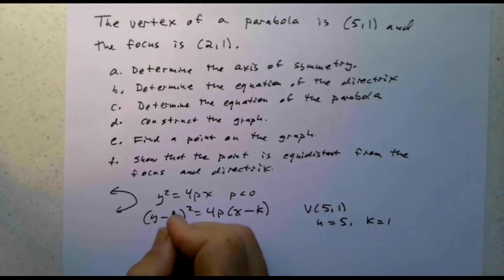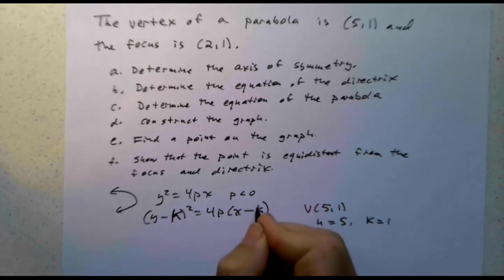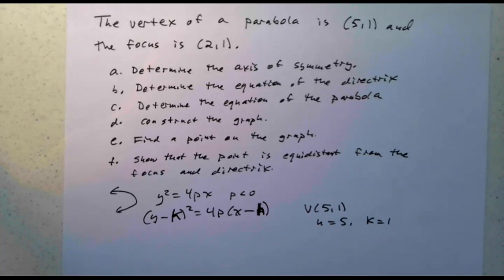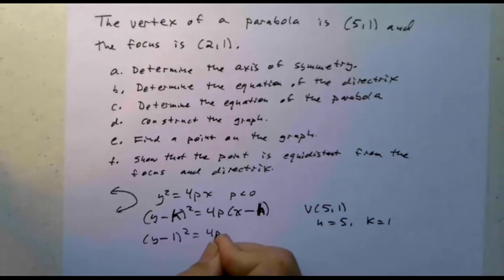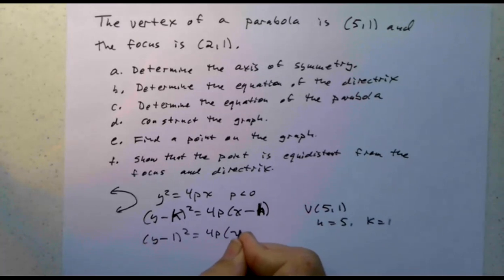I think I messed up the h's and the k's here. Let's fix that. y minus k, x minus h is what I want to say here. That's more typical notation. So y minus k, y minus 1 squared, because that's the shift in the y direction, equals 4p times x minus 5.